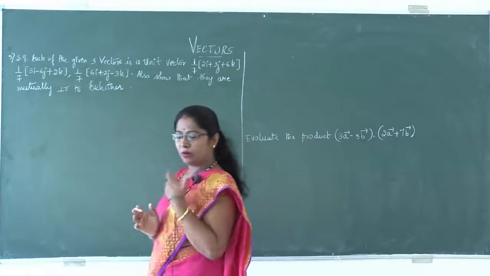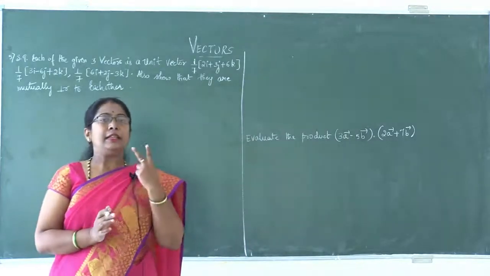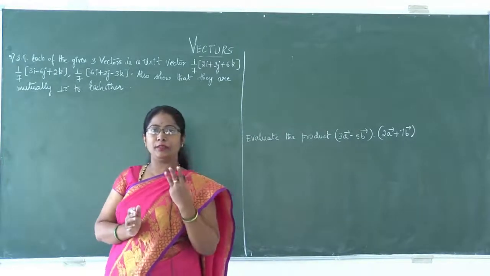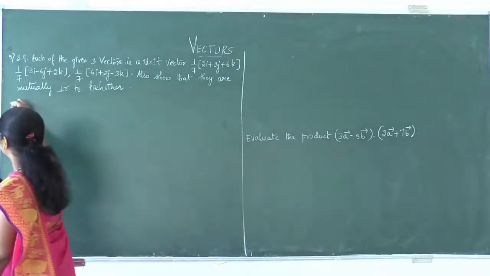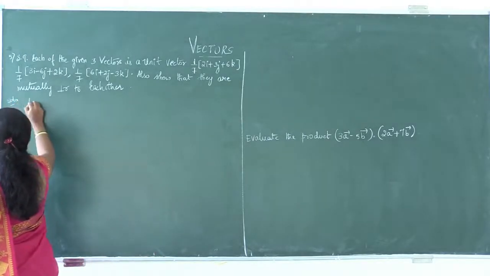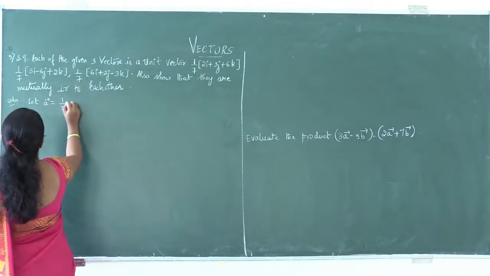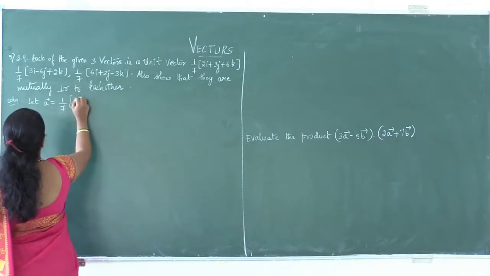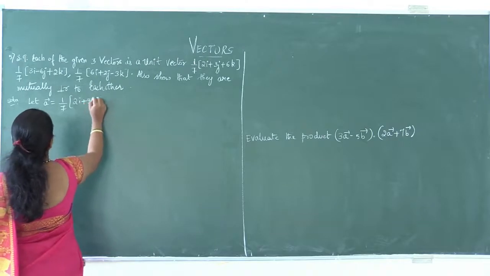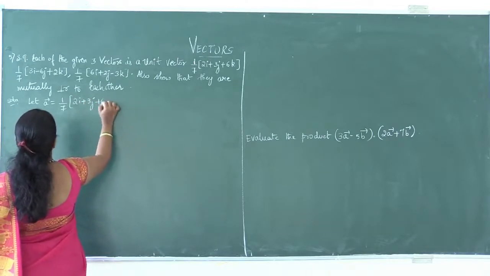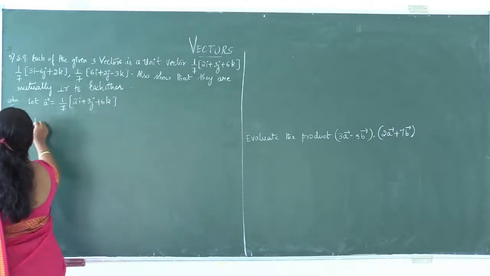We shall call the first vector as vector A, second vector as vector B, and third vector as vector C. So solution, let vector A equal to, what is vector A? 1 by 7 into 2i plus 3j plus 6k. Similarly, what will be vector B?